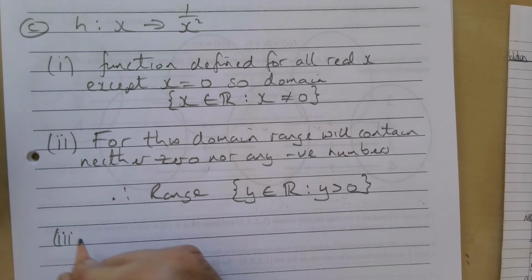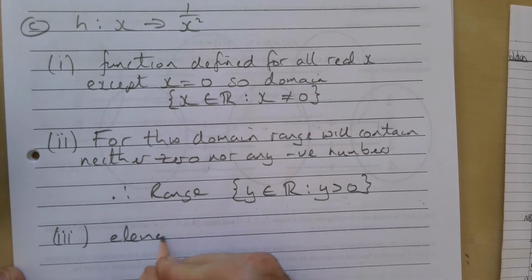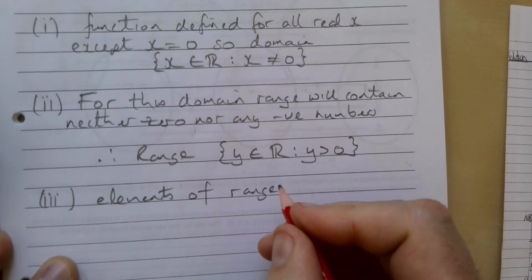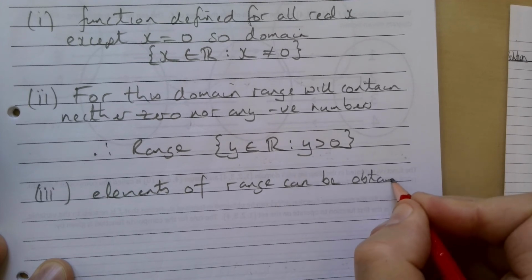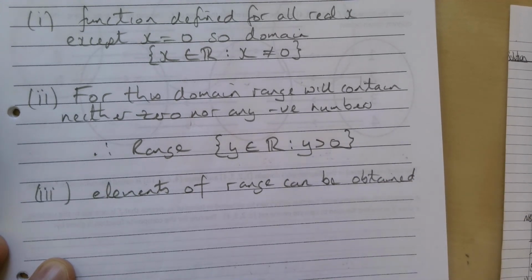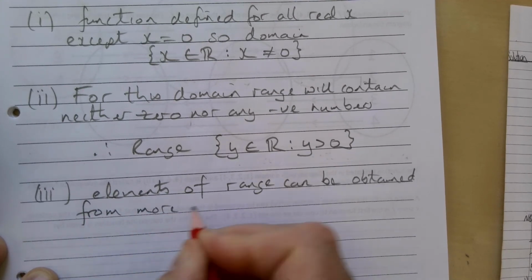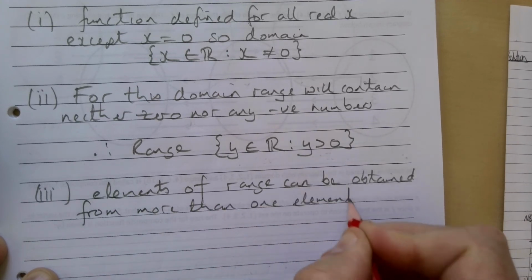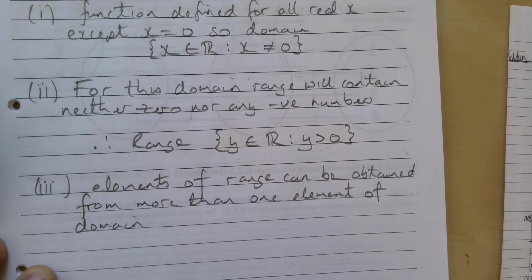You've hopefully realized from the previous one that this one is going to be a many-to-one function. So elements of the range can be obtained from more than one element of the domain.